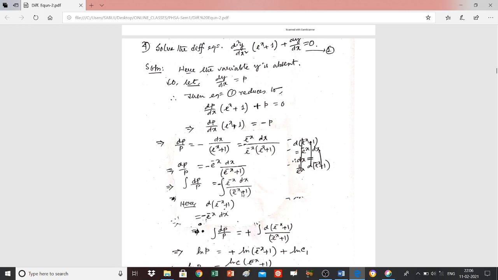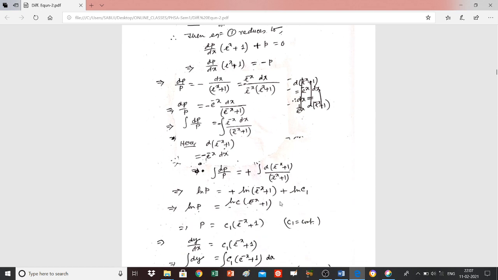Now just find out the value of d of e to the minus x plus 1. That is equal to minus e to the minus x dx. So this e to the minus x dx, with the minus sign, can be replaced by d of e to the minus x plus 1. So from this equation you can write dp by p is equal to d of e to the minus x plus 1 by e to the minus x plus 1.